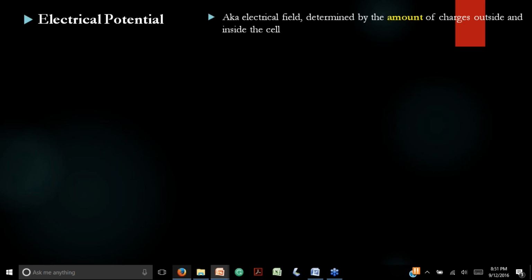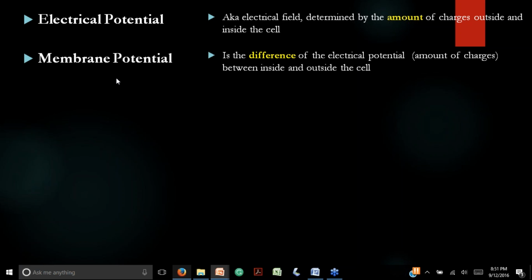It is sometimes confused with electrical flow or current, but it is actually the electrical field, the amount of charges outside and inside the cell. Then after that, we go into the membrane potential. The membrane potential is the difference of charges inside and outside the cell.